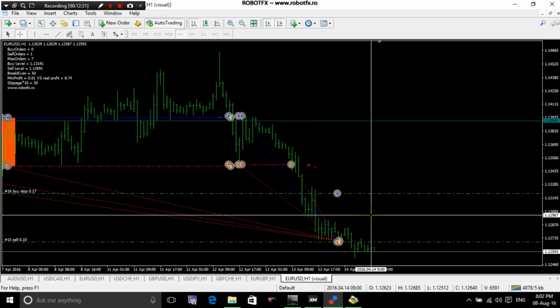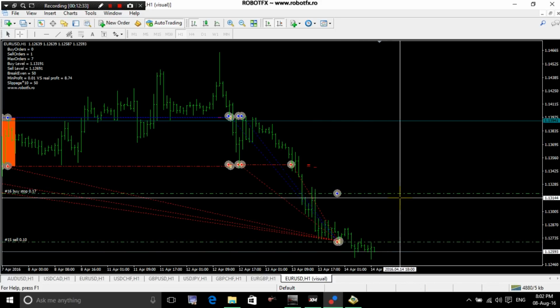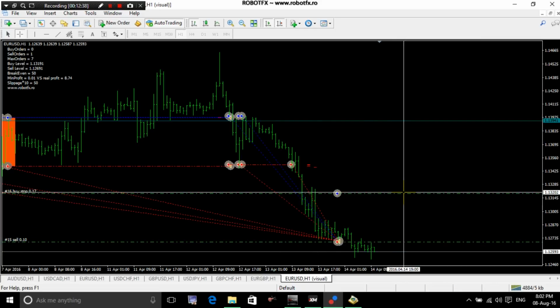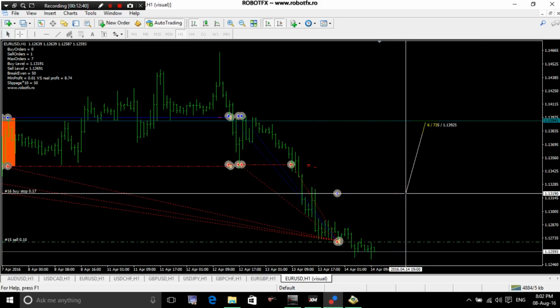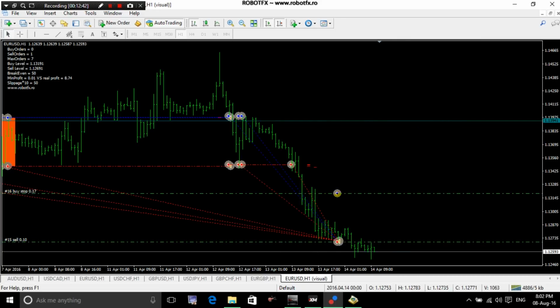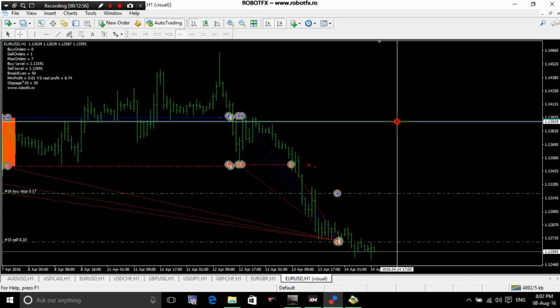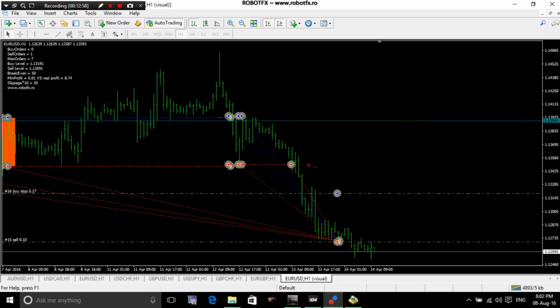So, if the price goes up, triggers the buy stop, and goes up until the buy take profit level, somewhere at this level the profit from the buy order will be much bigger than the loss from the sell order. So the sum of these two orders, somewhere at this level, will be 0. And at that point, the expert advisor will look to close the trades.